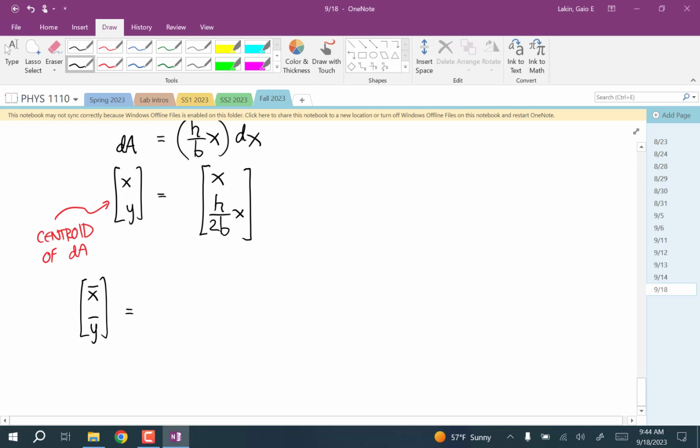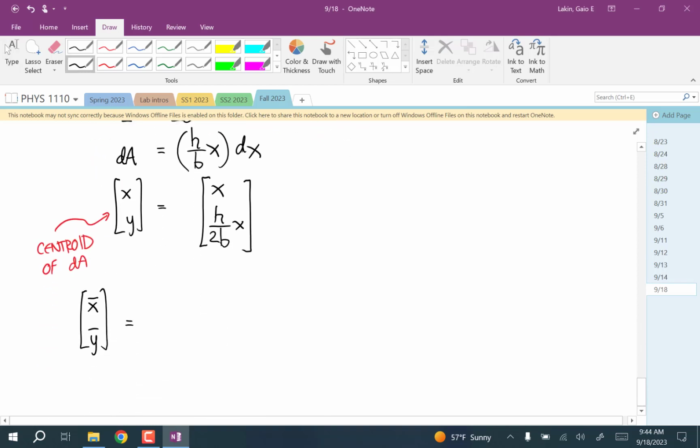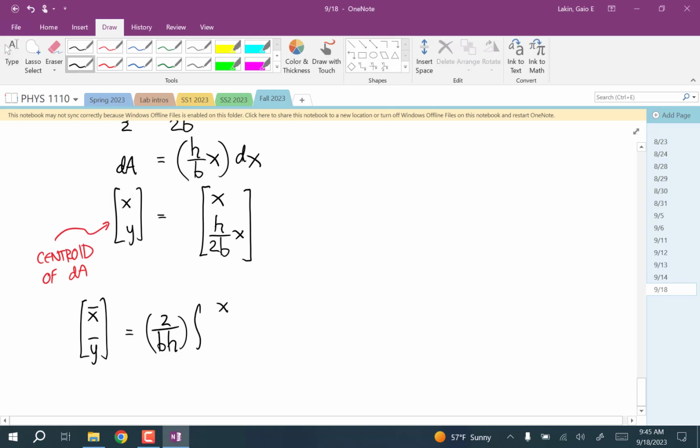So x bar, y bar is equal to 1 over the total area. The total area of a right triangle is h times b over 2, so this is going to be 2 over bh, times the integral of the vector x, h over 2b x, times dA, which is h over b x dx.